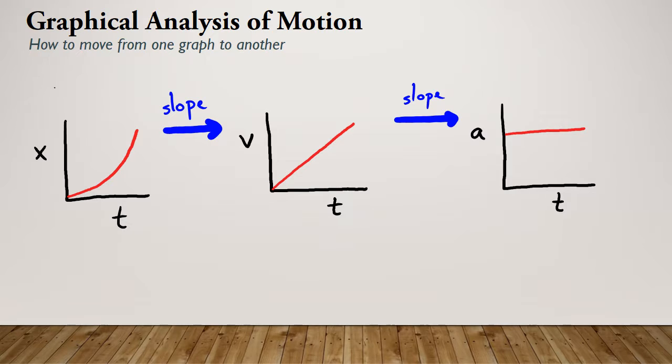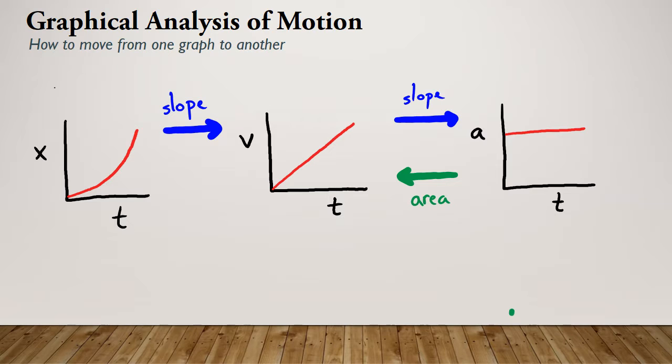So there's a pattern showing up. If I want to move to the right down this chart, I'm always going to use slope. Now the flip side of that is if I want to go back up the chart to the left, I'm always going to use the area under my line.